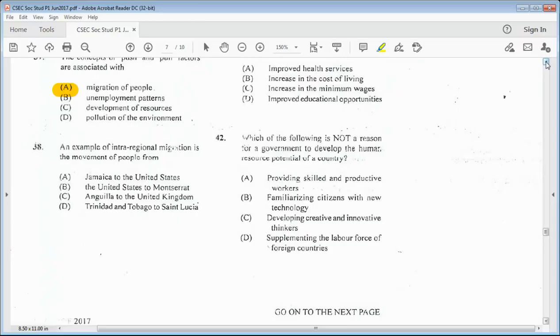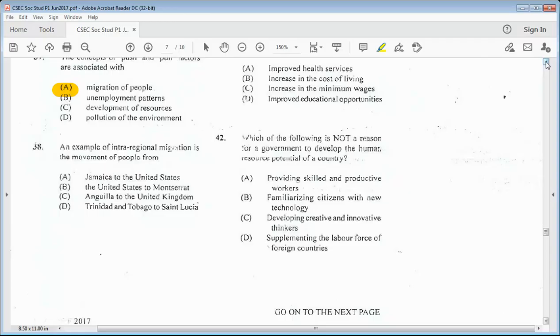An example of intra-regional migration is the movement of people from A, Jamaica to the United States, B, the United States to Montserrat, C, Anguilla to the United States, D, Trinidad and Tobago to St. Lucia. So what's intra-regional? We know intra refers to within the same region or area.